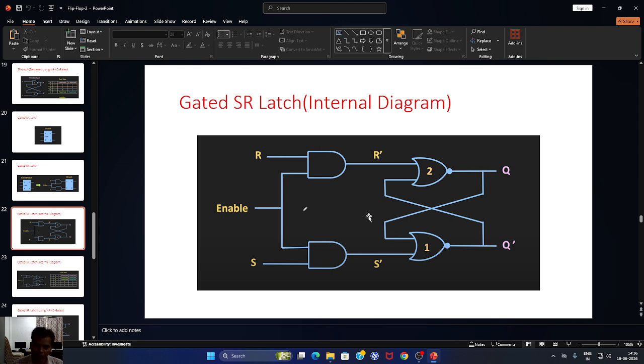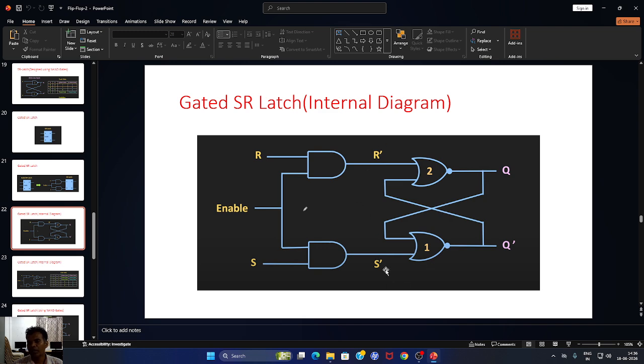Through this arrangement we can get more control over the functionality of this gated SR latch. When enable equal to 1, only then are the input values of SR connected to S dash and R dash. When enable equal to 0, irrespective of the SR value changes, S dash and R dash receive 0 0.